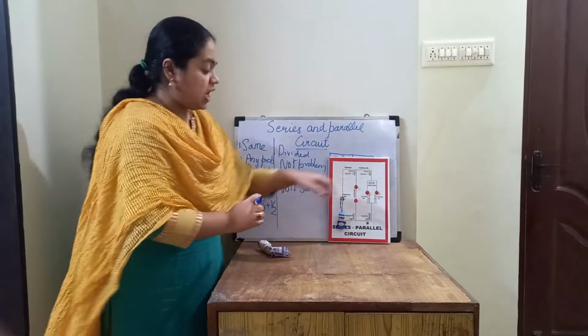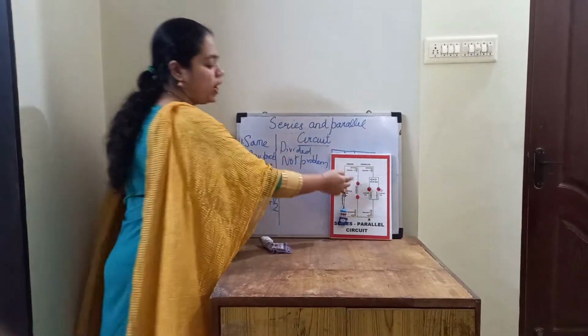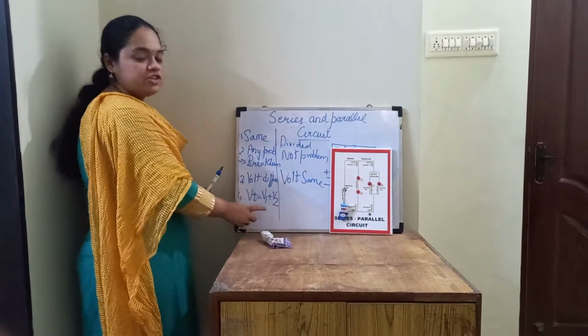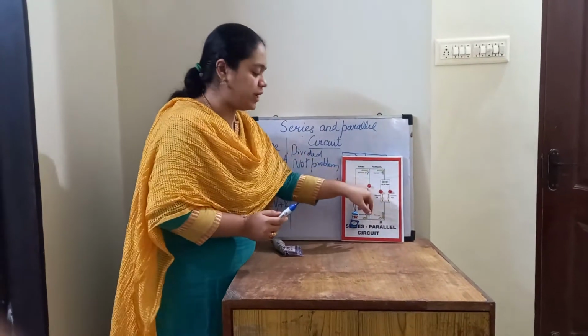That's because, as I said, the voltage differs from one resistor to the other. Definitely, when you find the voltage of it, the complete voltage will also differ.